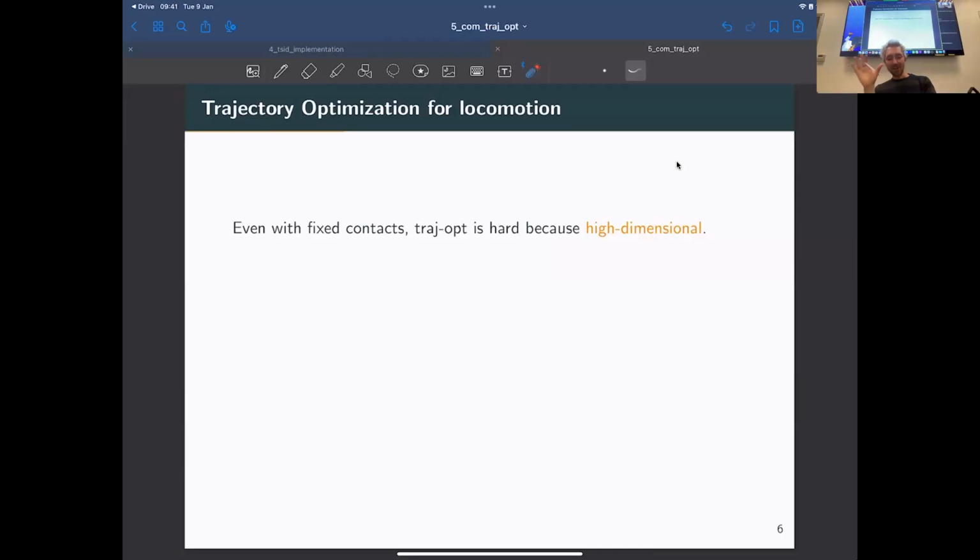We are now on this new deal that we are going to have fixed contacts, because having optimized contacts is too hard. But even agreeing that the contacts are going to be fixed by the user, the problem is still hard because it's high dimensional. So the humanoid robot we saw, it has something like 40, 50 degrees of freedom.